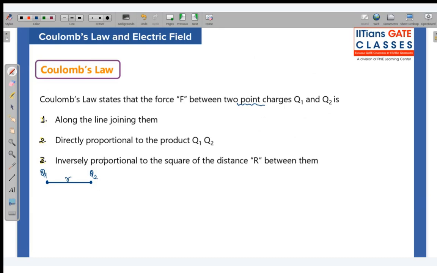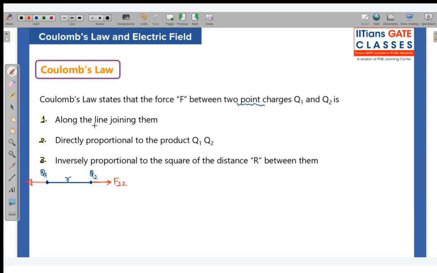So if we want to calculate the force exerted between these two point charges, then Q1 will repel Q2 on this side, and Q2 will repel Q1 on this side.